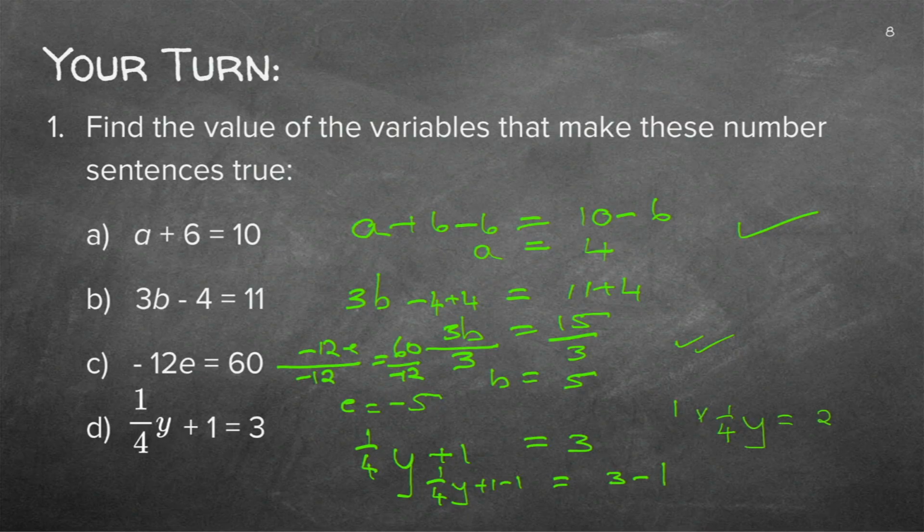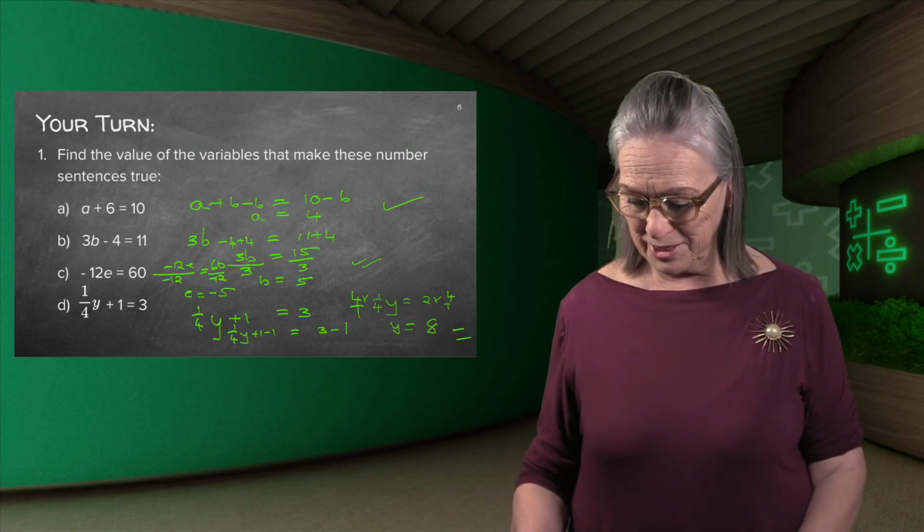To get rid of that, we're going to multiply on this side. So y equals 8. But I just want to check my working, we always have to do this. A quarter of 8 plus 1 is 3, minus 1 gives us 2. Yes, it gives us 8. So well done if you've got that one correct.